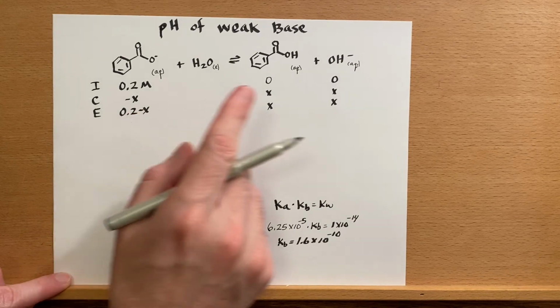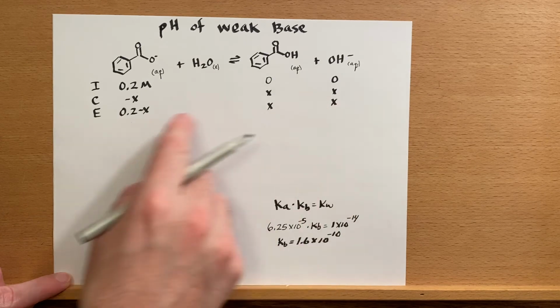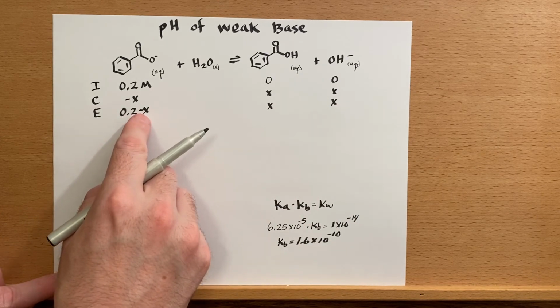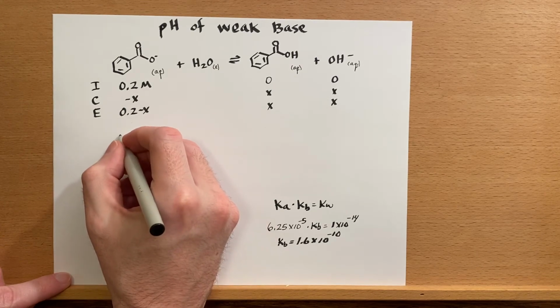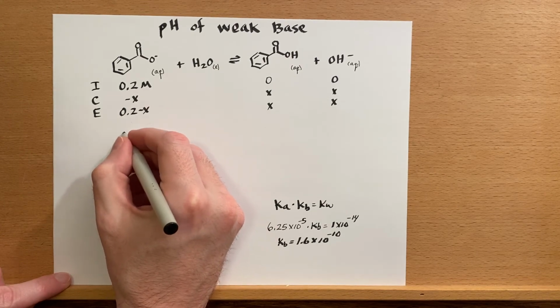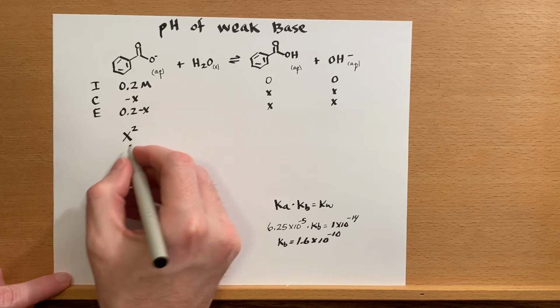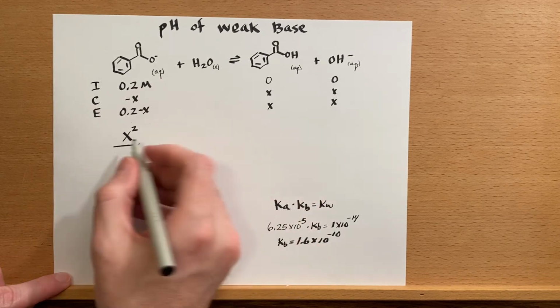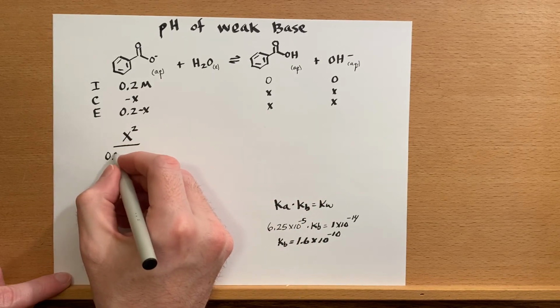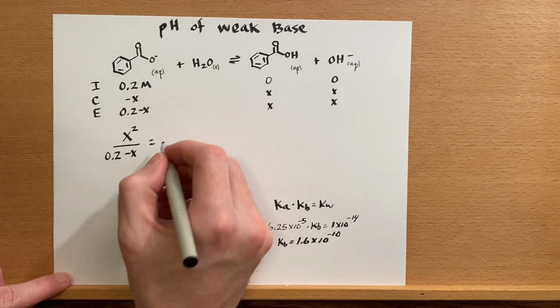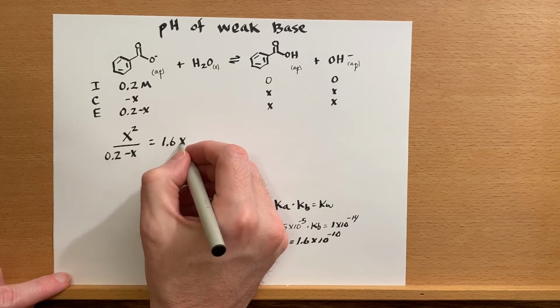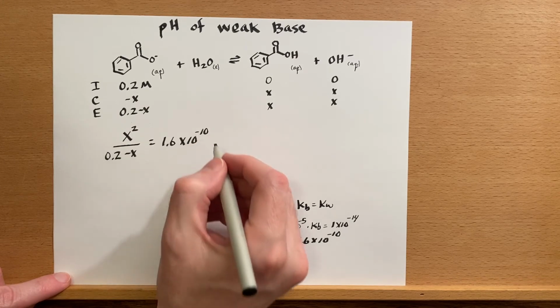So we should have x times x divided by 0.2 minus x. So let's write that out. x times x is just x squared, divided by 0.2 minus x, and this equals our Kb, which is 1.6 times 10 to the minus 10.